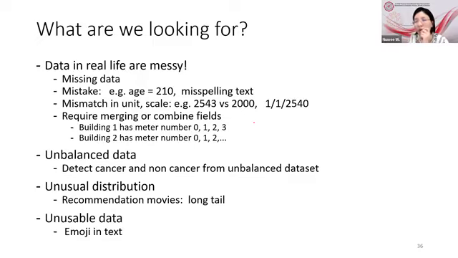We may need to look and see whether there is some requirement to convert or merge or combine things, right? We may look for some imbalance in the data, unusual distribution like a long tail in the recommendation, or anything that is not useful, like emoji in the dataset, if we don't do sentiment analysis, right? We don't like emoji at all.